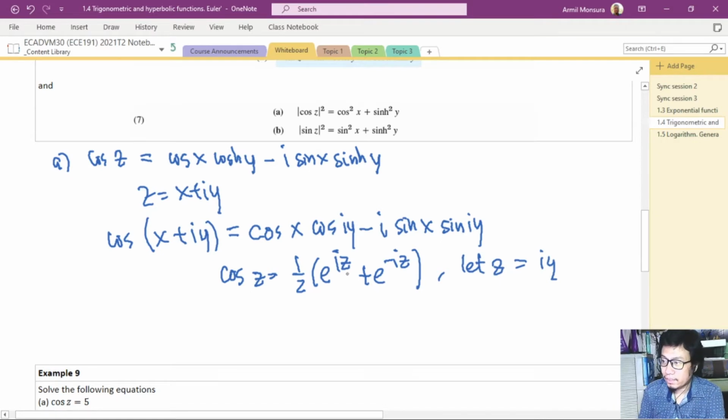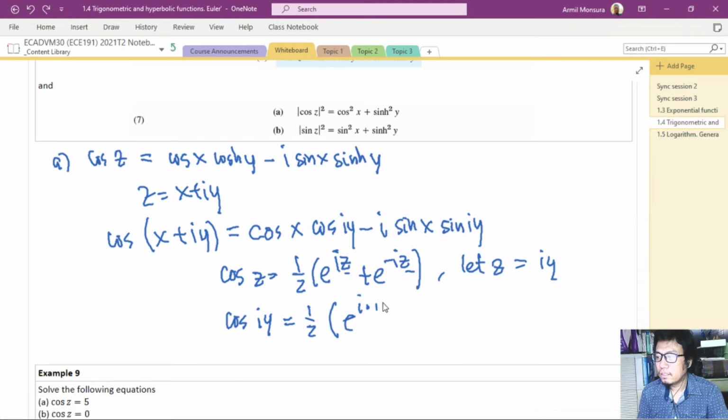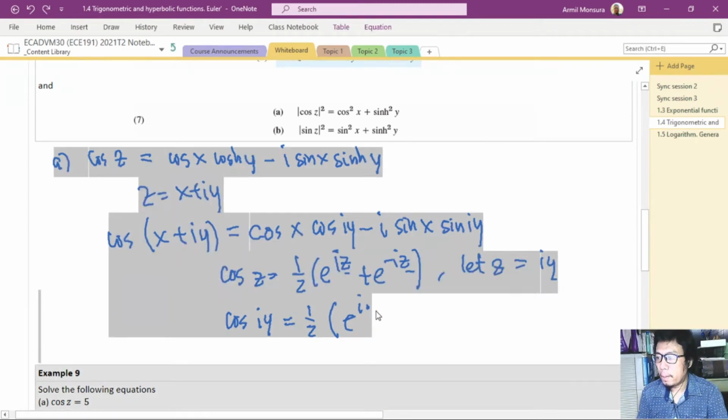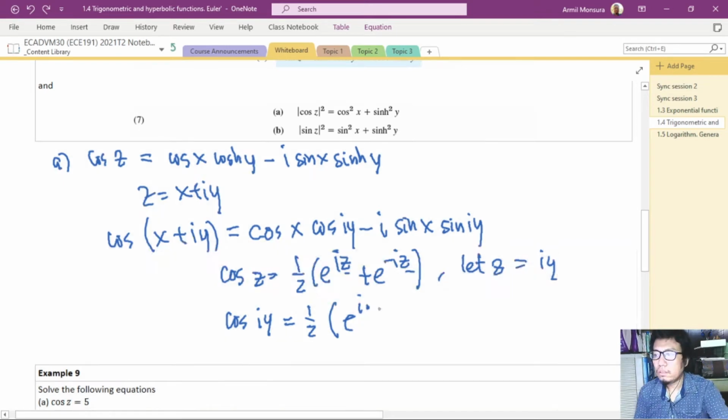So we will replace z here with iy, so that we will have cosine of iy equals 1/2 times e raised to i times iy, plus e raised to negative i times iy.